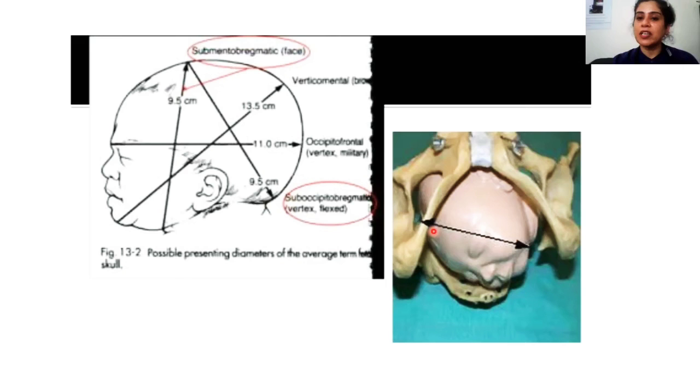This anterior fontanelle is known as the bregma, and the area just below the mentum is the submental area, and the engaging diameter is the submento-bregmatic diameter, which is 9.5, and the attitude is that of complete extension at the fetal neck. The rest of the joints can be in a flexed position, but the neck is at complete extension, the lie of the baby is longitudinal, and the denominator is the mentum. This is the denominator.